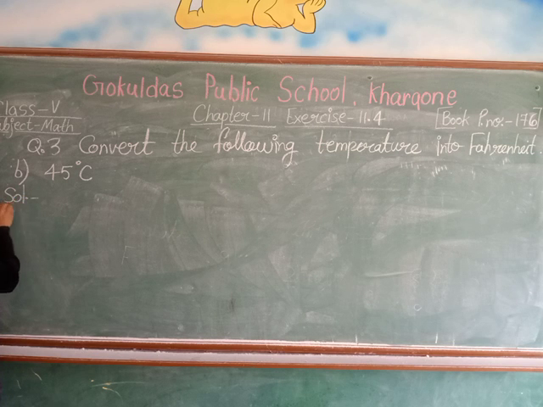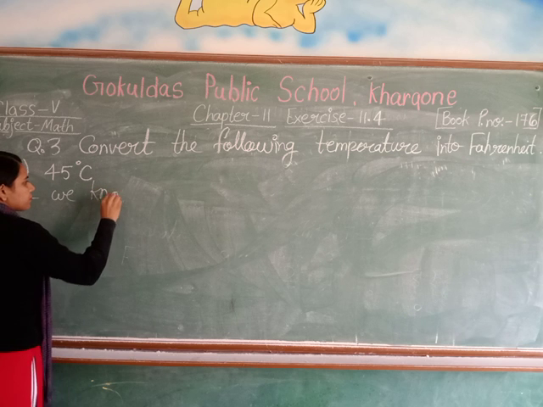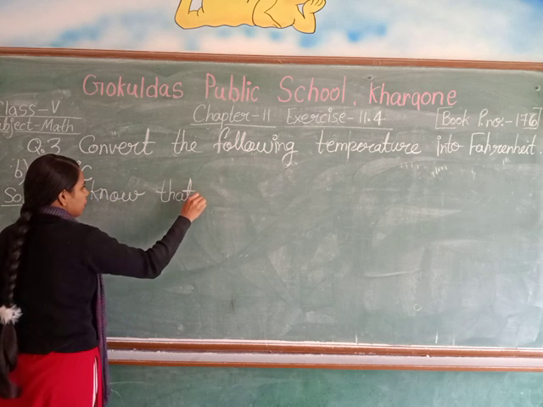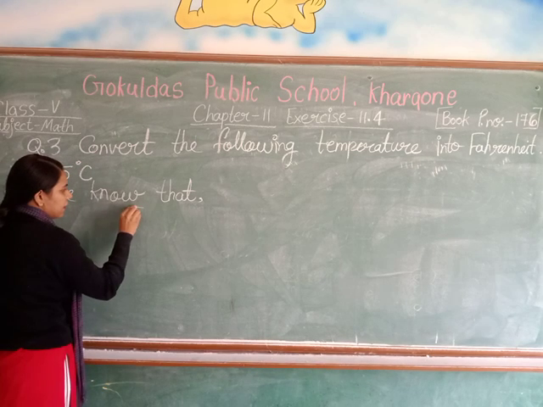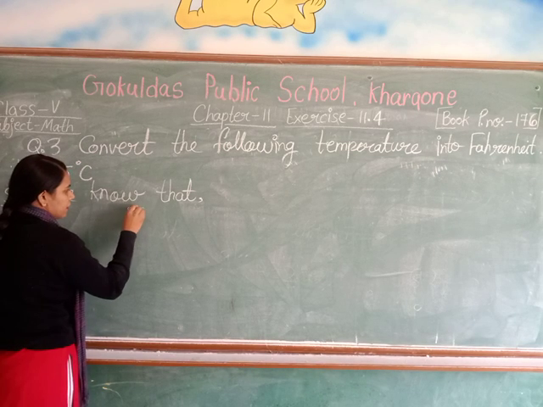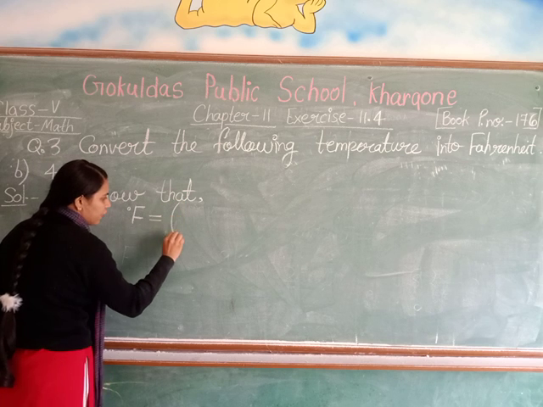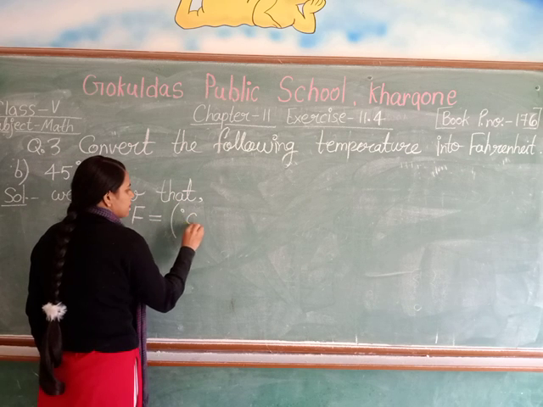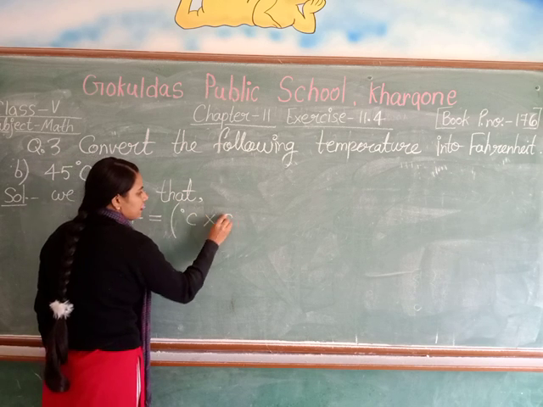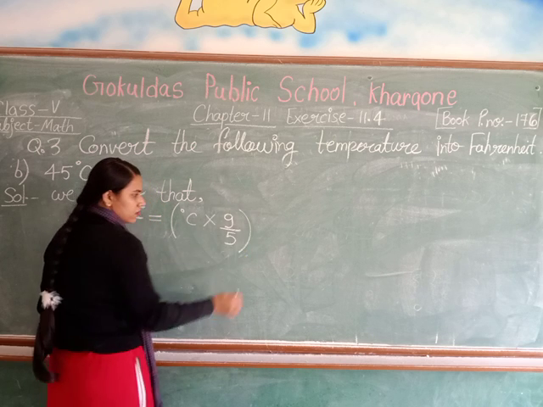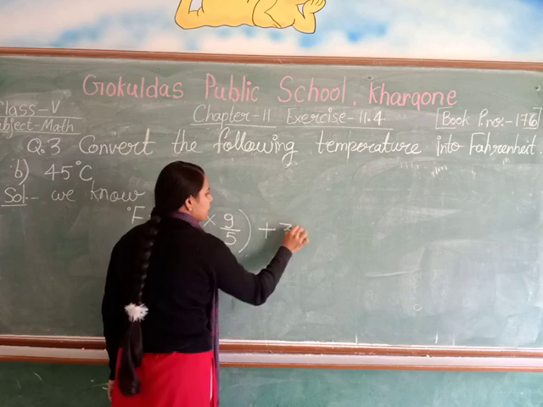So solution, I am writing, we know that degree F, F means Fahrenheit, is equal to bracket open degree C multiply with 9 upon 5 bracket close plus 32.